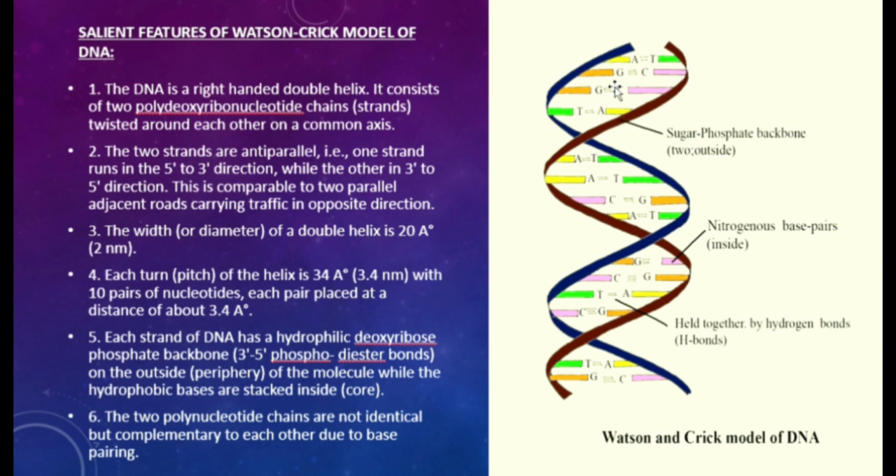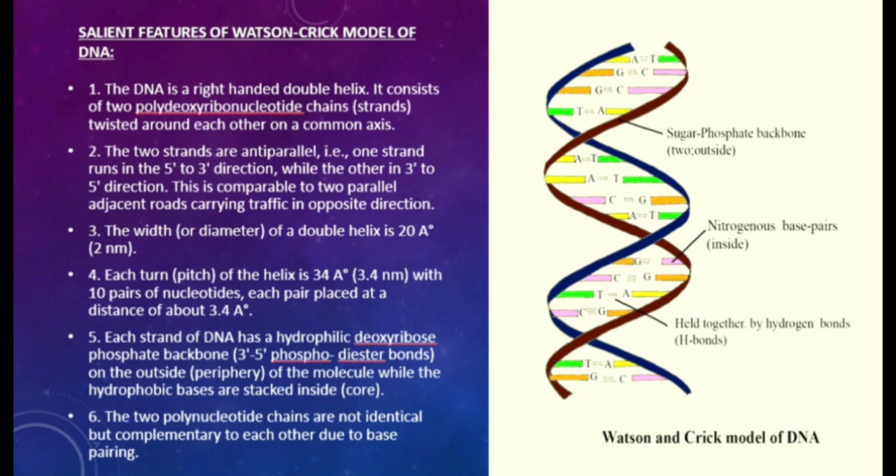So this is a deoxyribose nucleotide chain and it runs around each other in a common axis. The two strands are anti-parallel in nature. So one strand runs from 5' to 3' and the other strand runs from 3' to 5'. So this is compared to a parallel road carrying traffic in opposite directions.